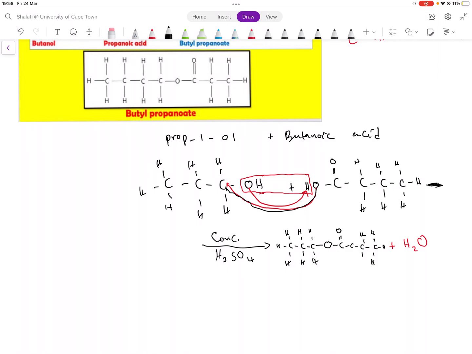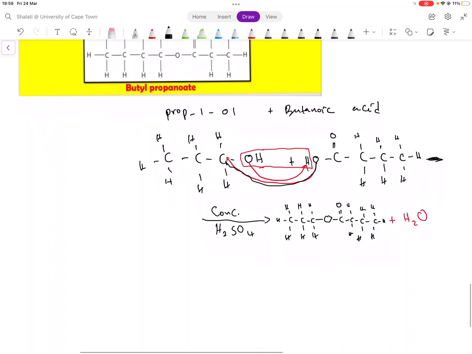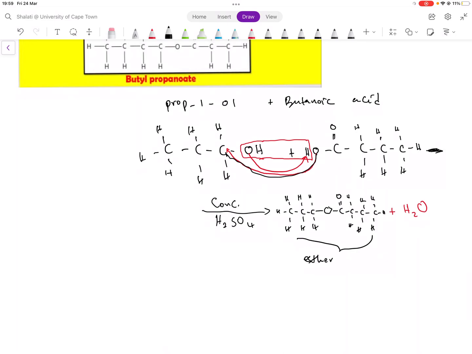So that is how you show how the reaction takes place, and this actually carries a lot of marks. It can be 5 marks like this. So if you have to name, just know that here is your ester. The name of an ester has an alkyl, which is a substituent, and from the carboxylic acid, we're going to give that carboxylic acid a suffix -oate.